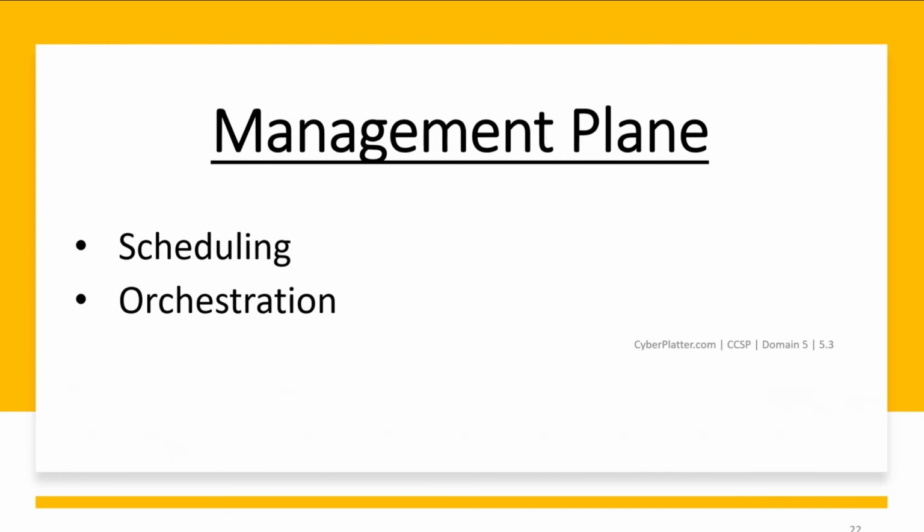The next one is orchestration. Orchestration is the organization and integration of automated tasks between systems and services in a cloud environment. Cloud orchestration allows you to create a consolidated workflow for multiple interconnected processes. With orchestration, you can automate complex processes such as resource provisioning, allocation, and scaling.